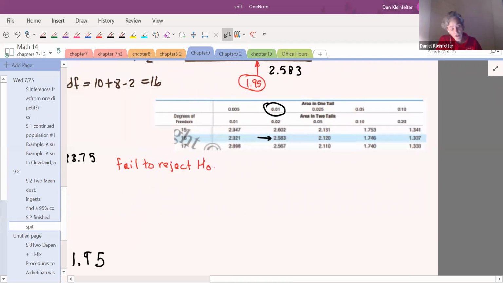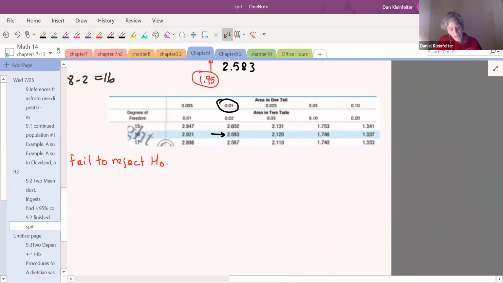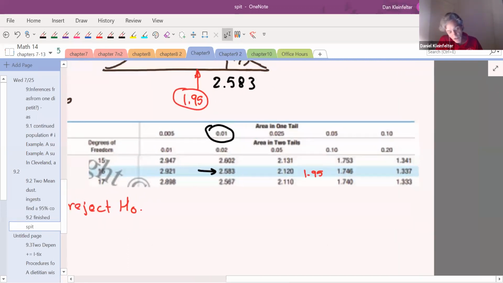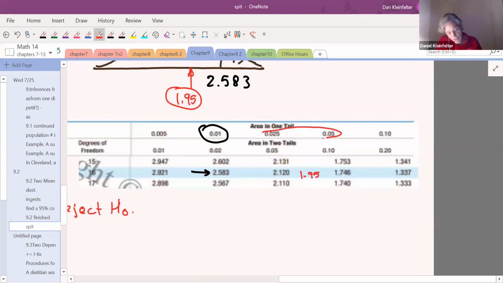So if there was a column that included our test statistic of 1.95, it would fall in here in between columns 3 and 4.